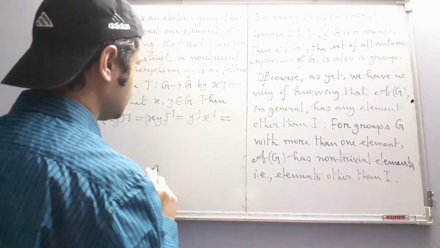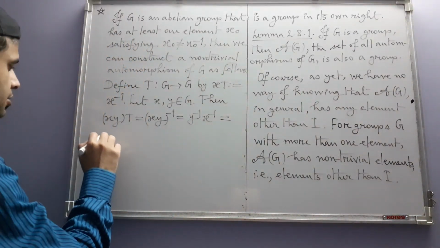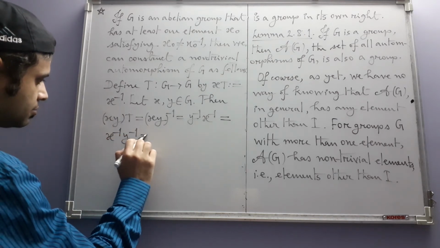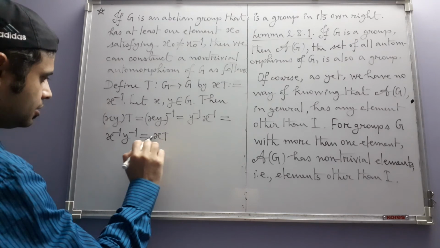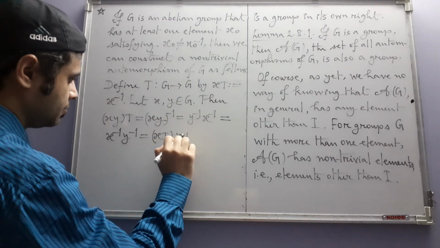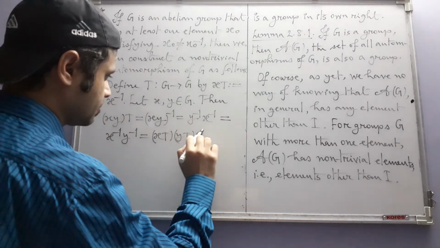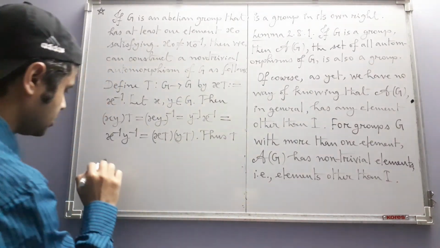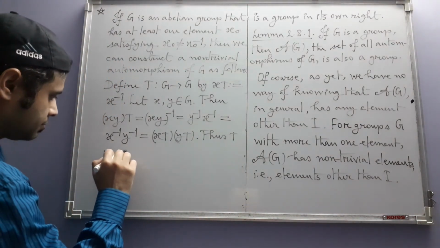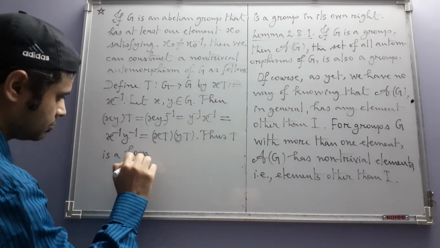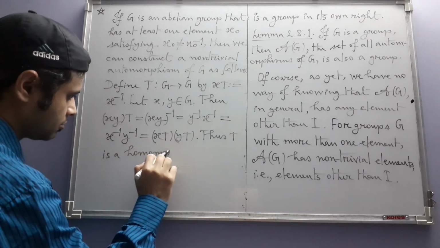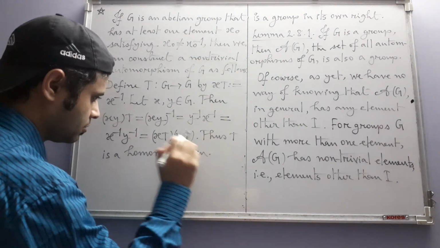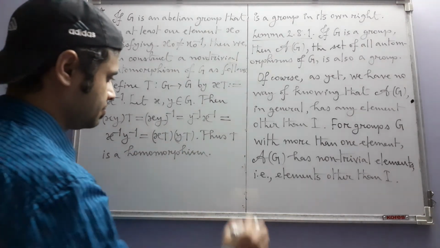But since we are in an abelian group, this can be written as x inverse y inverse. So this is xT yT. Thus T is a homomorphism.